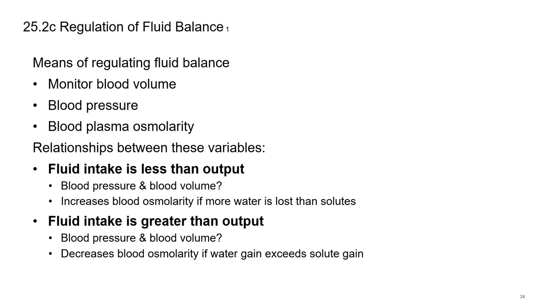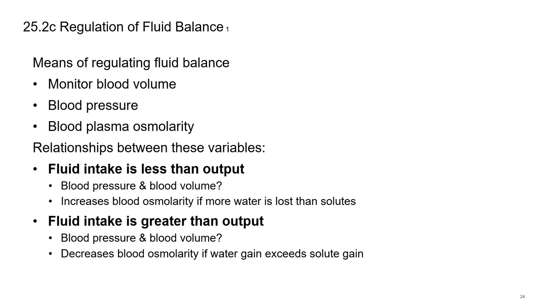If fluid intake is greater than output, right, we're bringing in more fluid than we're putting out. Well, in this case, we're going to have an increase in blood pressure and volume. And if we're bringing in just fluid, right, so say we're bringing in just water, like the case of hypotonic hydration, well, then our blood osmolarity is going to decrease if it's more water than solutes, right?